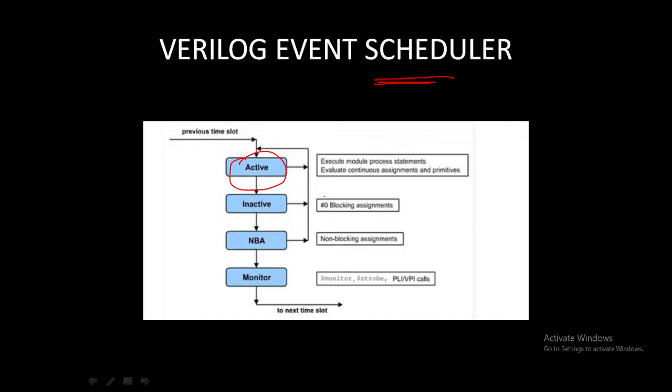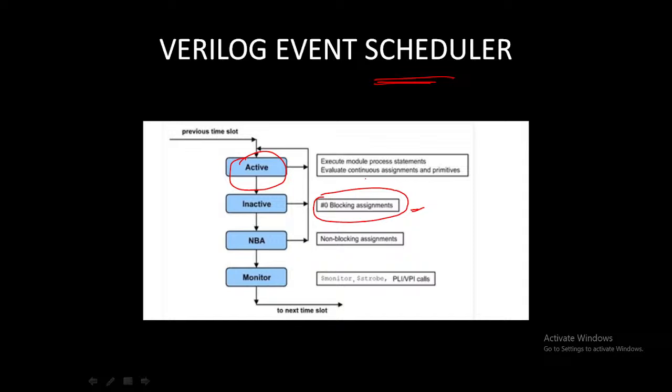In the inactive region, zero delay blocking assignments will happen. In the NBA region, which is also known as non-blocking assignments, the non-blocking assignments get executed.